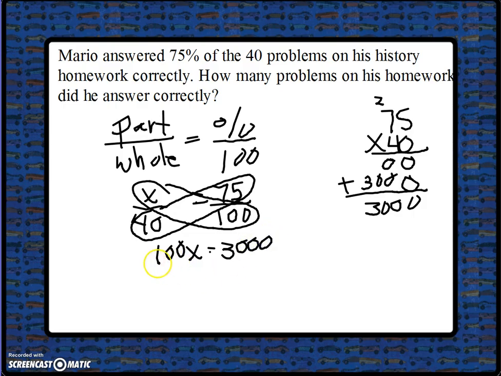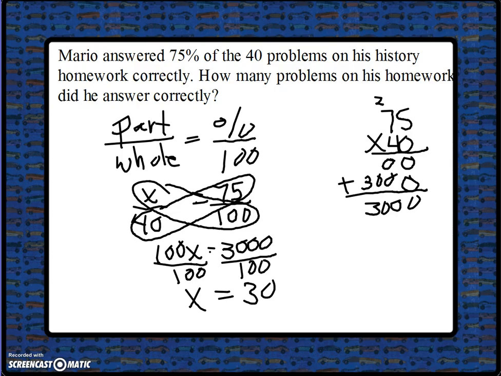And then we will get x equals 30. So what that means, 30 of the questions out of a total of 40, Mario answered correctly. So in this example, we've determined the part.